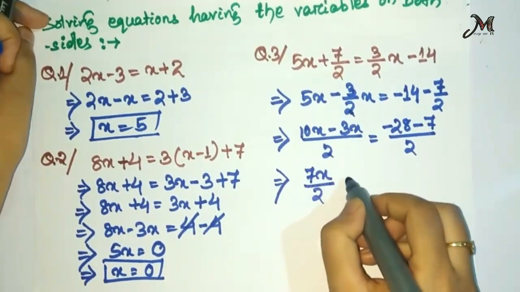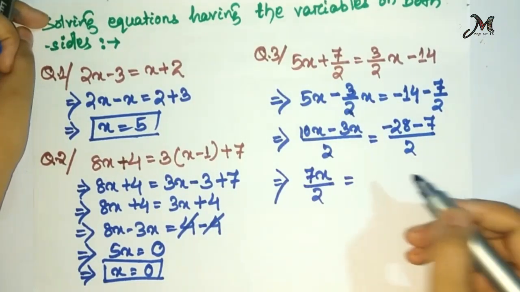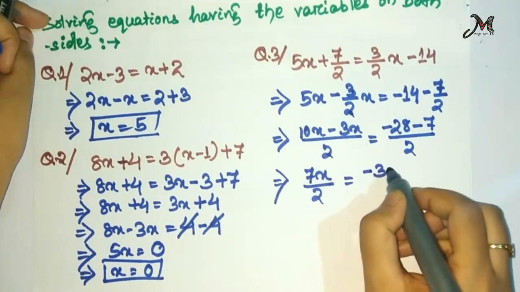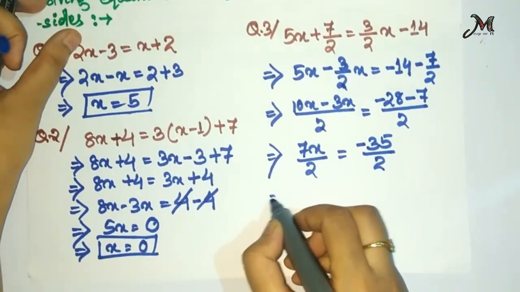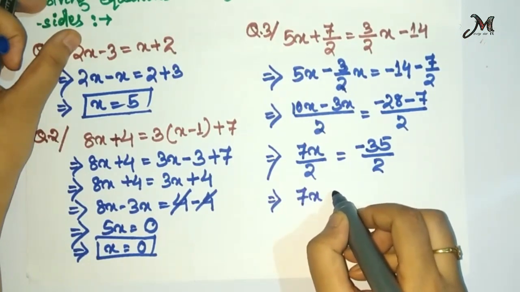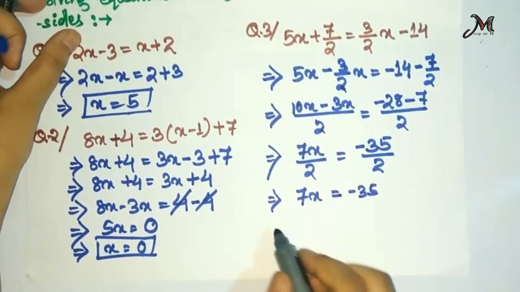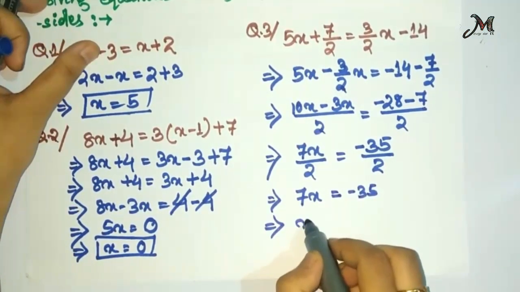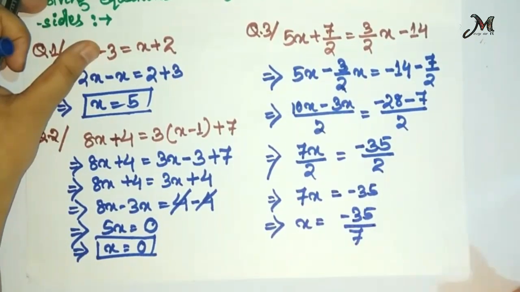Okay. Now 10x minus 3x is equal to 7x. 7x by 2 is equal to minus 28 minus 7. Minus 28 minus 7 will become minus 35 by 2. And we can write 7x is equal to minus 35. Okay. Now x will become minus 35 divided by 7.